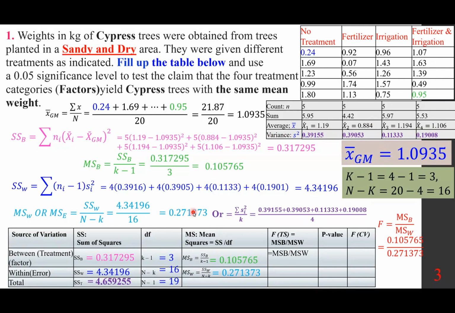Finally, how do you calculate F here? It is the ratio of these two numbers. You get 0.3897.